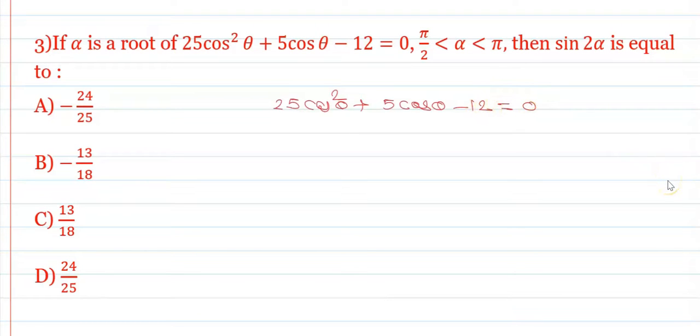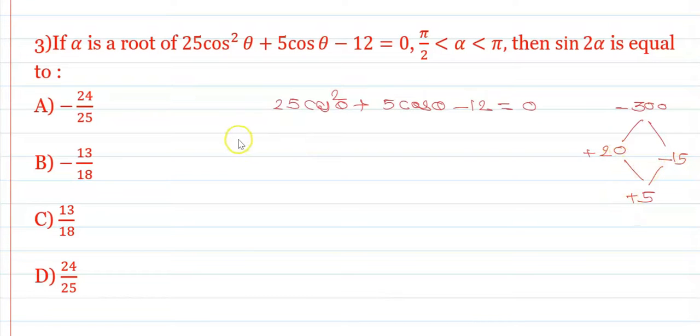Now the product of the first and the last, that is 25 into minus 12, gives minus 300. The middle term is 5 cos theta, so their addition must be plus 5. Then what are the two numbers whose product is minus 300 and sum is plus 5? That is plus 20 and minus 15.